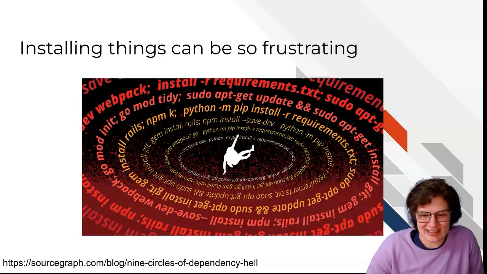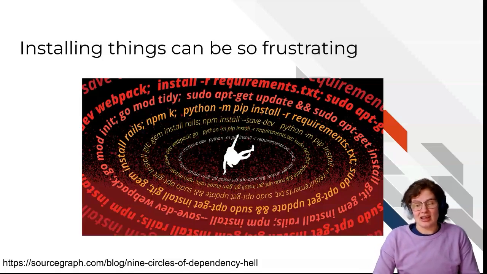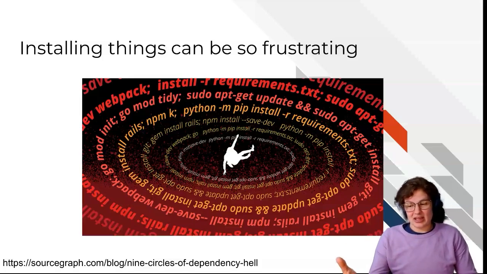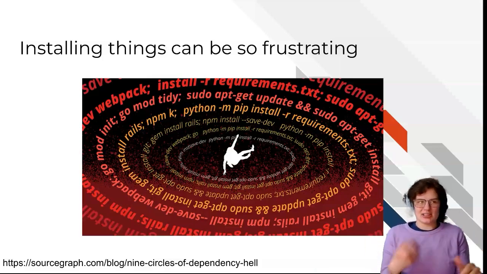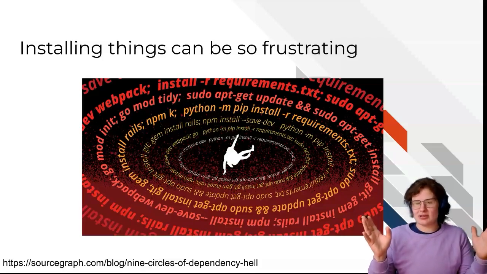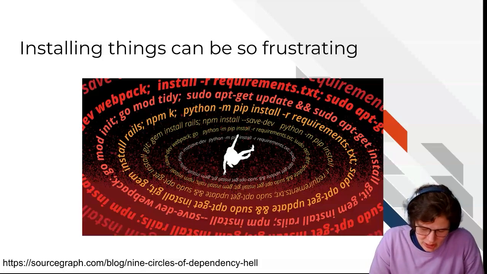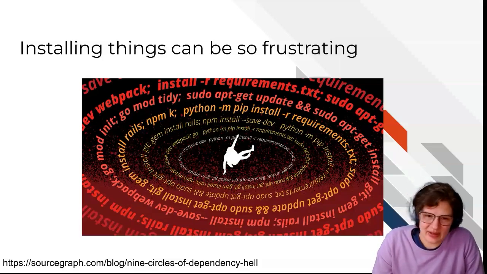Sometimes they talk about dependency hell, and that refers to when you install one thing and it actually requires you to install another thing, but then if you have trouble installing that thing or the 10 other things that it needs, you can get kind of stuck in this vortex of you just wanted this original software piece and now you have about 10 other things you have to install. That could be a real frustrating place to be in. A lot of us have been there before. And so containers can be a way that we can try to avoid that and not waste our time trying to get our computer aligned exactly for just the one analysis, right?